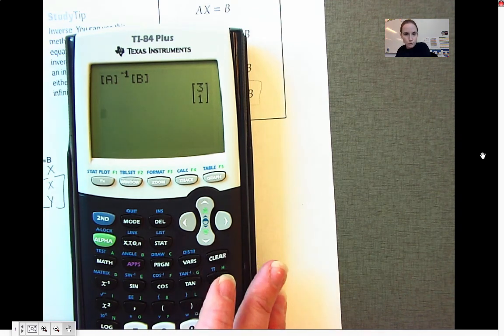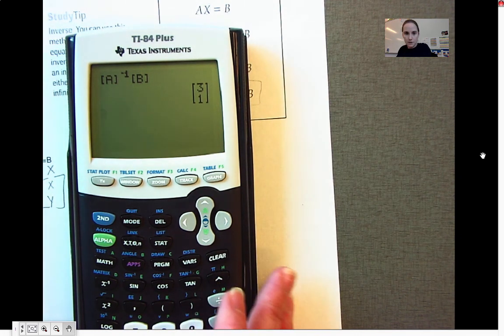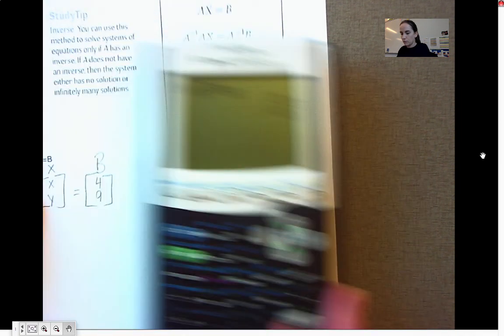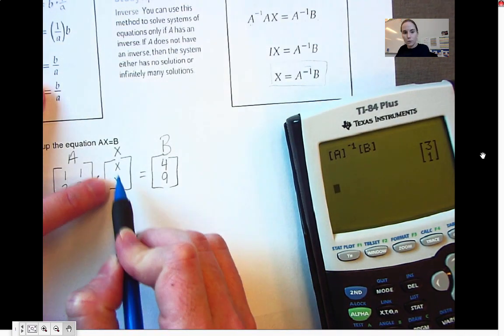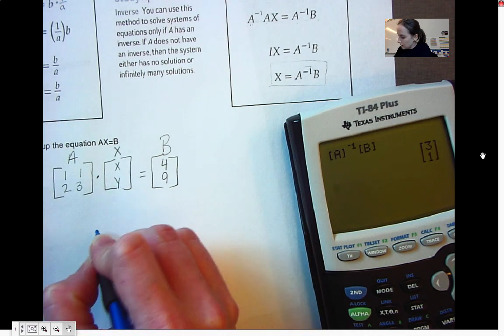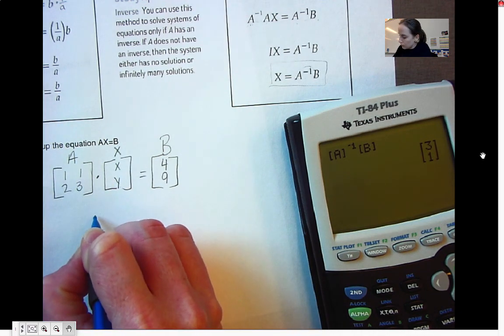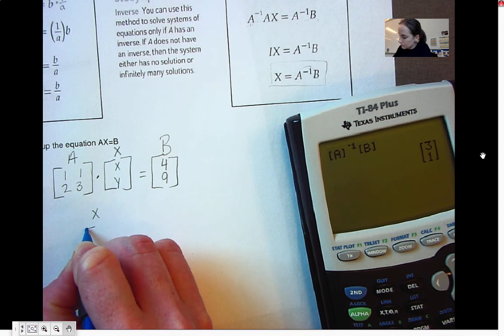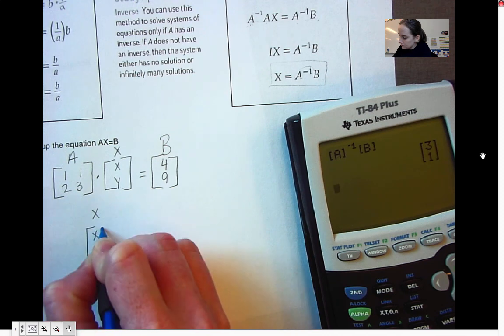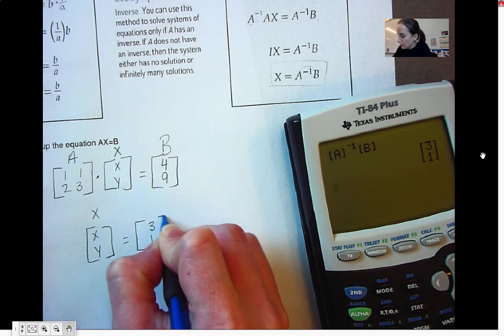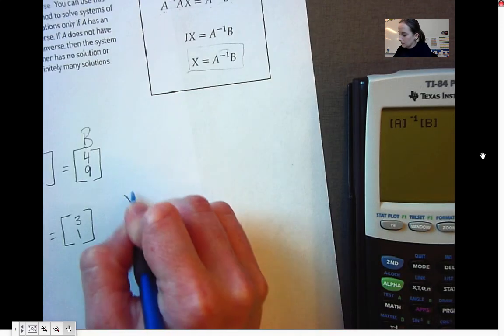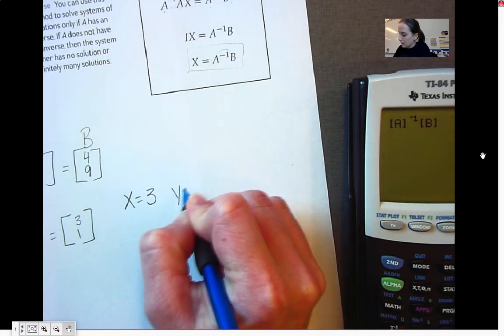That is your solution to this system. The x, because x was on top here, the x is 3 and the y is 1. So your answer for the variable matrix is 3, 1, and you could also write x equals 3, y equals 1.